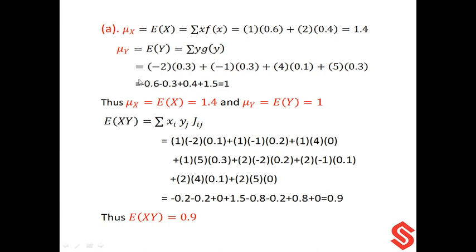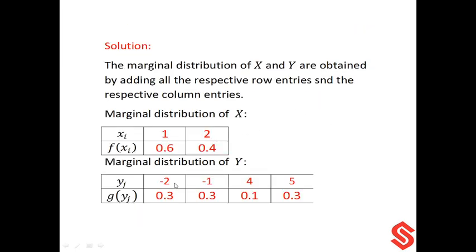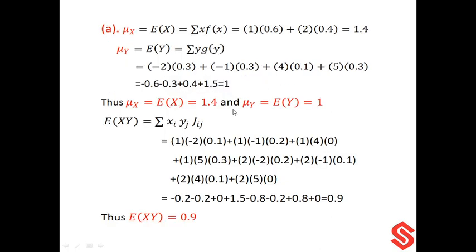Similarly, expectation of y, E of y, is sigma yj g of yj: y1 g of y1 plus y2 g of y2 plus y3 g of y3 plus y4 g of y4. From the table, we get 1. So mu x is equal to 1.4 and mu y is equal to 1.